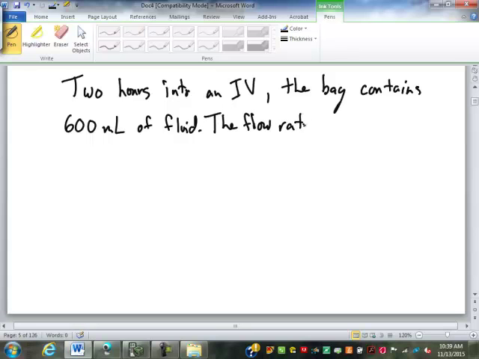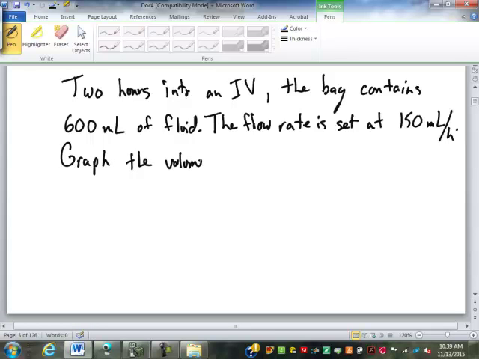The flow rate is set at 150 milliliters per hour. Graph the volume of the bag.